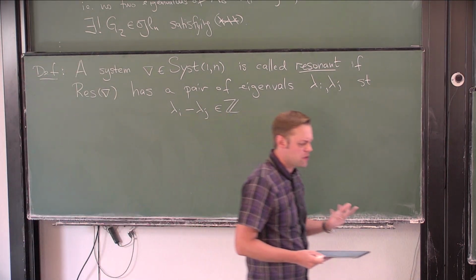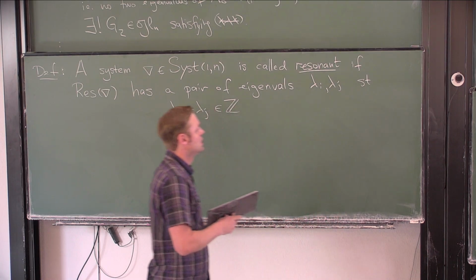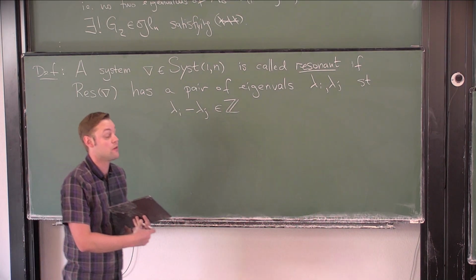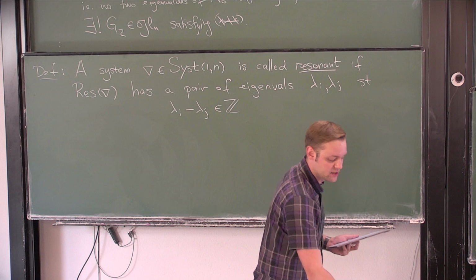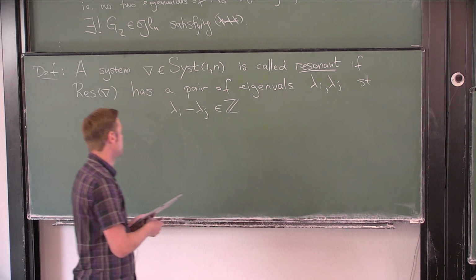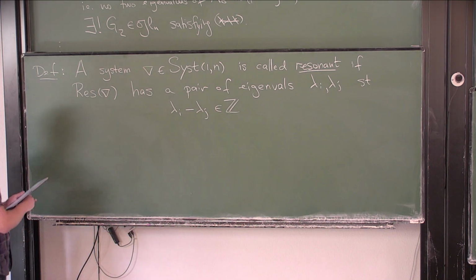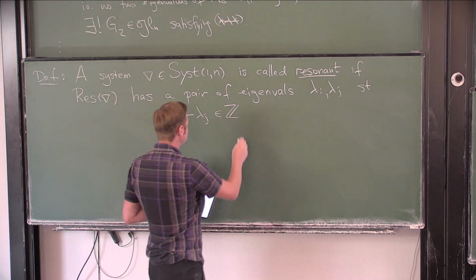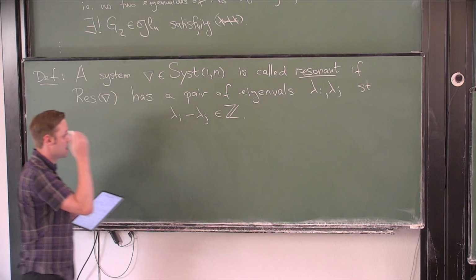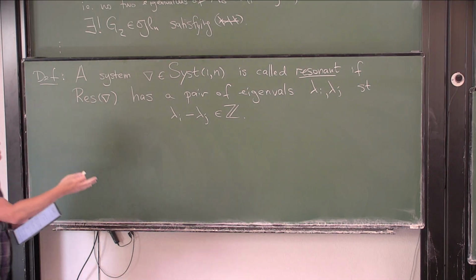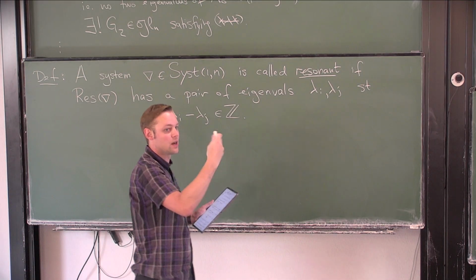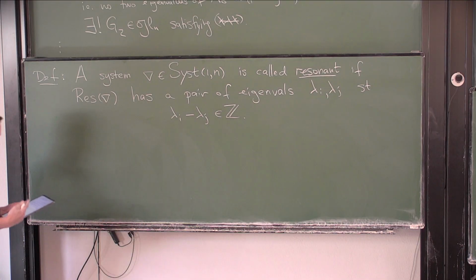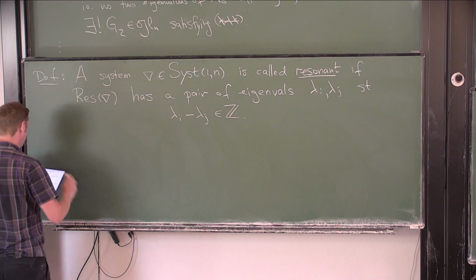If any of you have ever seen the notion of resonance in dynamical systems, and perhaps wondered why the definition is somewhat nebulous like this, referring to integer differences, now you know it comes from this gauge transformation construction.